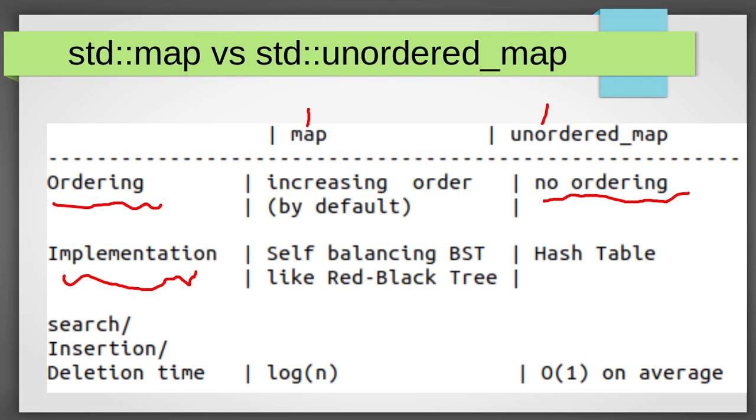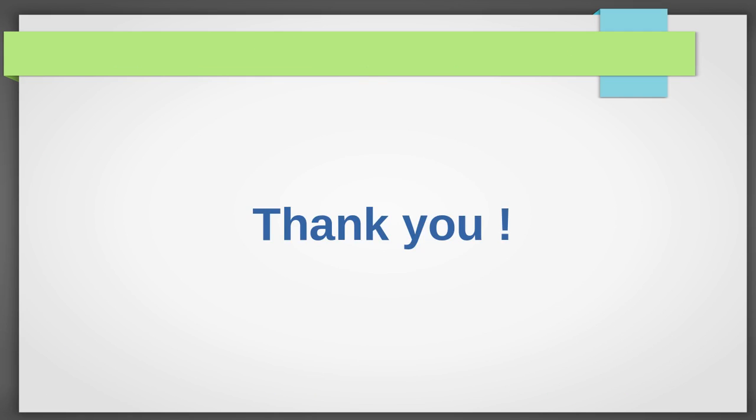Implementation: std::map is implemented using a self-balancing binary search tree like a red-black tree, while the unordered map is implemented using a hash table. Performance: search, insertion and deletion time for the map is log of n, while for the unordered map it is constant. Thank you for watching.